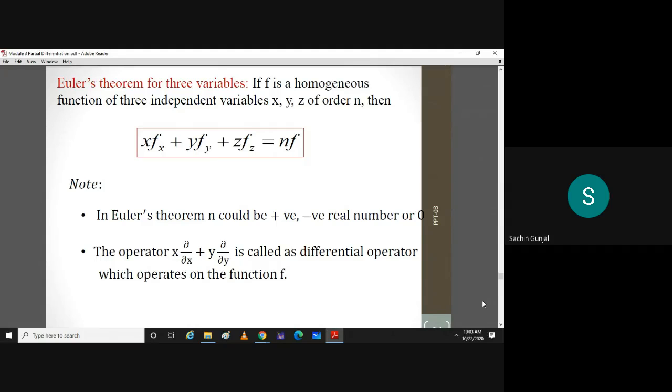So therefore u is equal to sine inverse of (x square plus y square) is not homogeneous. But if I take this sine inverse to the left hand side, that will become sine u, so sine u is equal to x square plus y square.